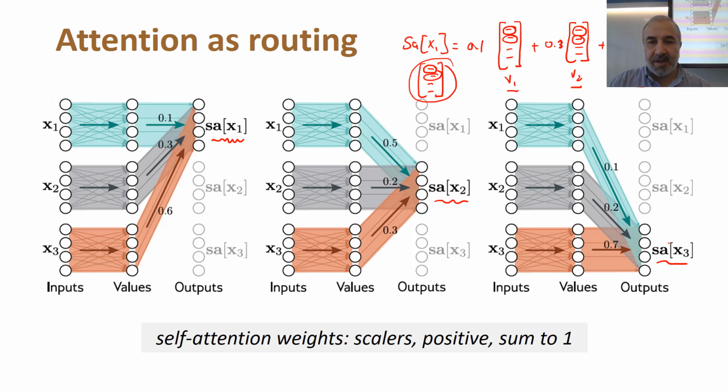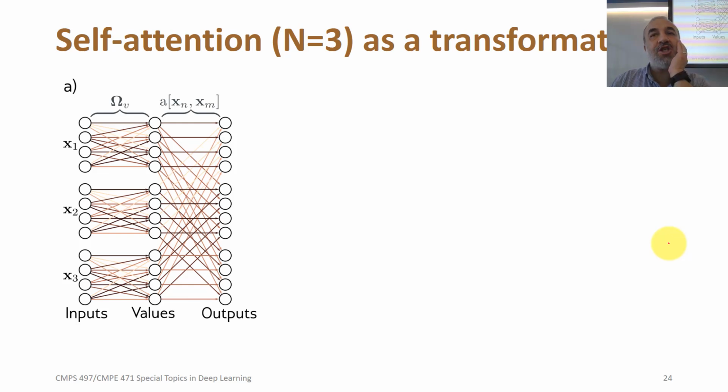Let me show you this in terms of relationship. So again, from inputs to values, as you see here, it's very similar to a neural network, right? It's one layer of a neural network. You can see a fully connected layer for x1, separate from x2, separate from x3. But if you look at the colors here, the colors indicate the actual values.